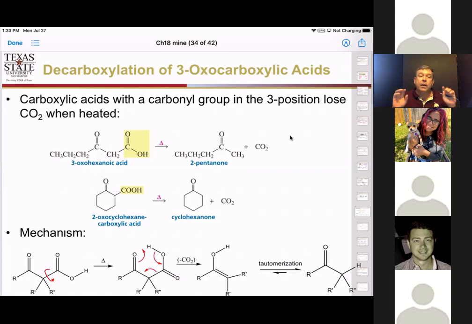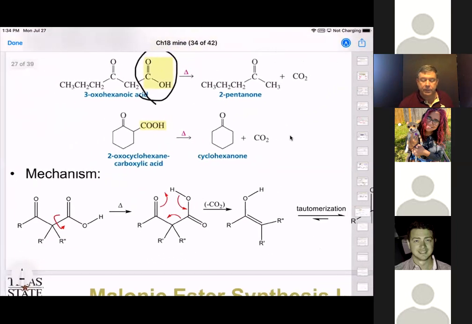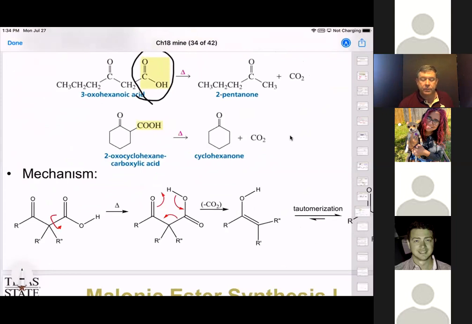We can use these carbonyl carboxylic acid compounds to generate really complex, very interesting systems, okay. So let's review. The first step here is the actual removal of the CO2. Again, we did the mechanism in the last chapter. The mechanism involves this 6-membered ring where we just rearrange it so the hydrogen can be transferred to the carbonyl from the carboxylic acid.